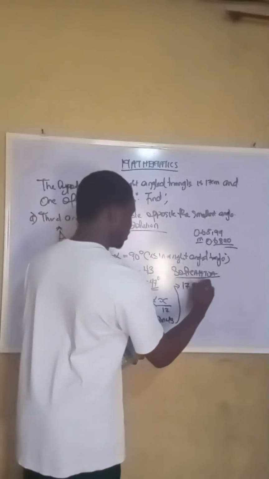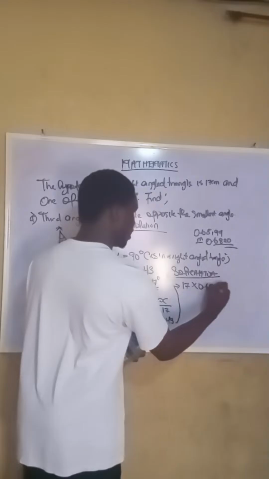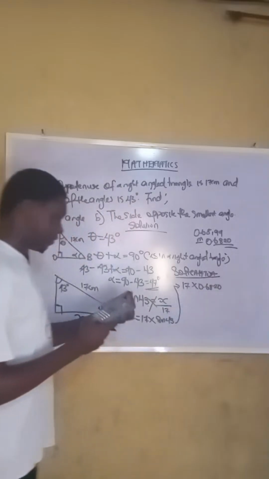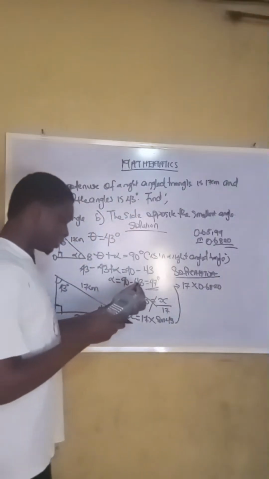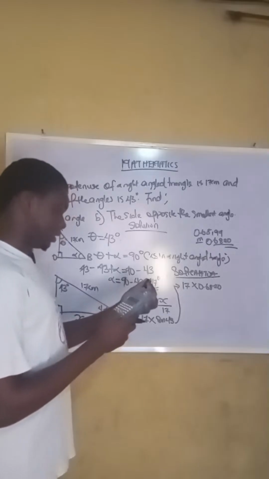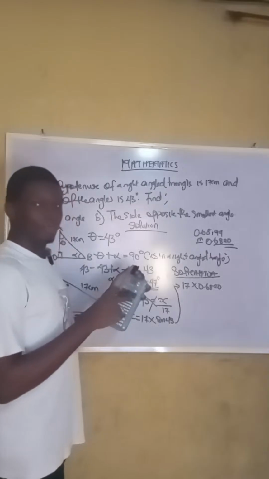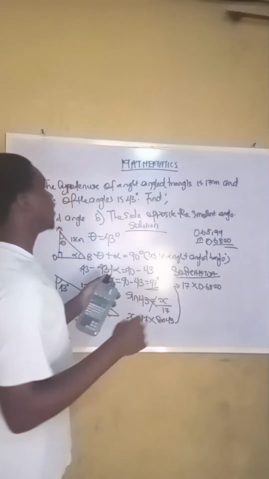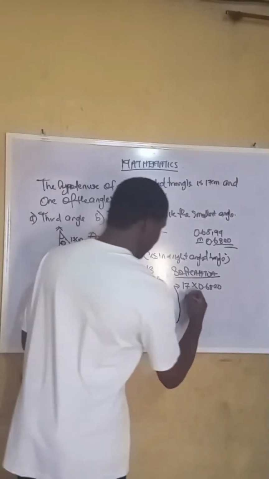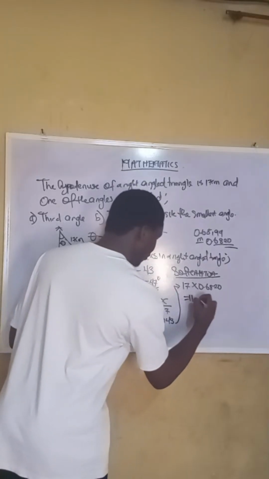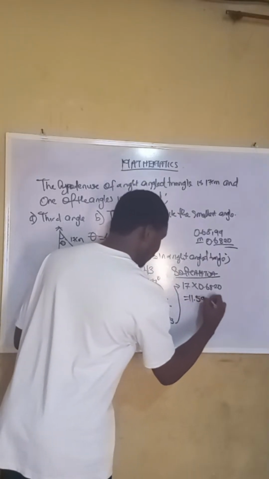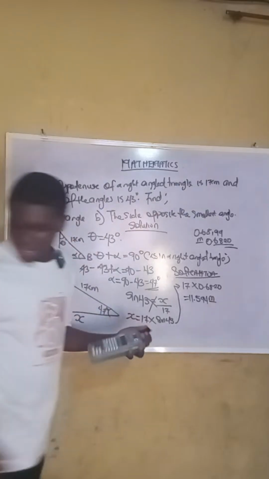So we have 17 times 0.6820. Using our calculators, 0.6820 times 17 is 11.594.